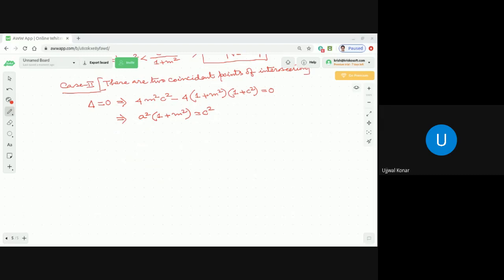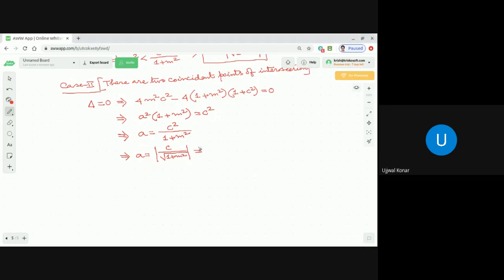So that implies a square is equal to c square by (1 plus m square). So from here, a is equal to mod of c by square root of (1 plus m square).